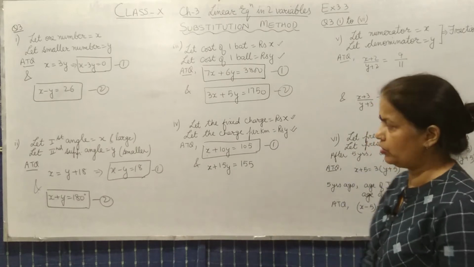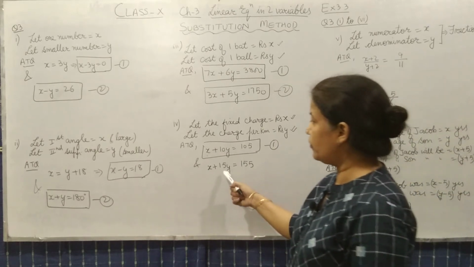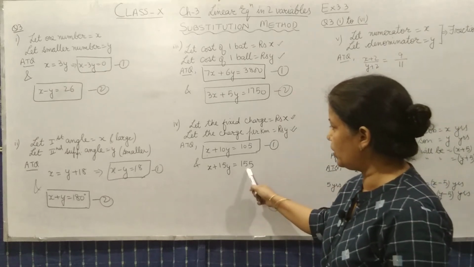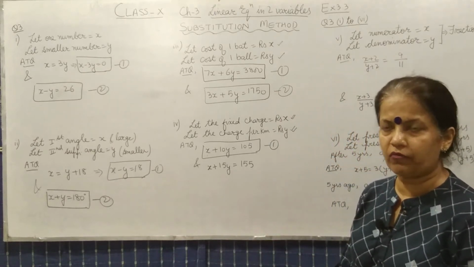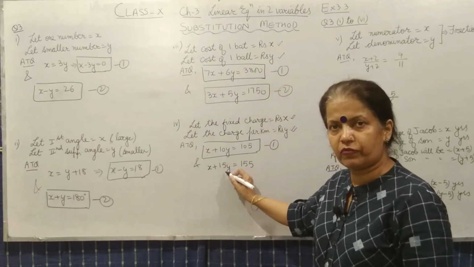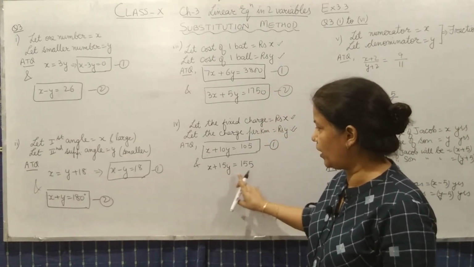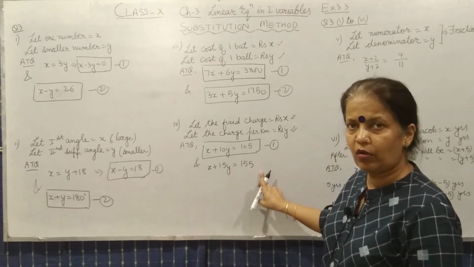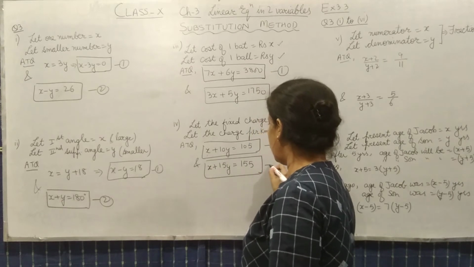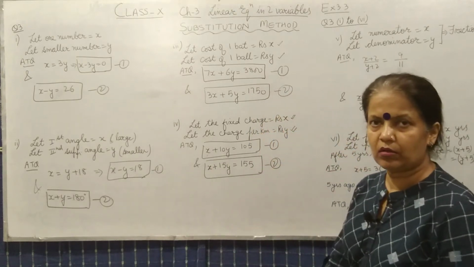And in the second condition it is given, if the customer travels 15 kilometers, then the total cost will be 155. So fixed charge plus the cost of 15 kilometers, that is 15 into y, the sum of these two is 155. So this is the second equation. Got it?